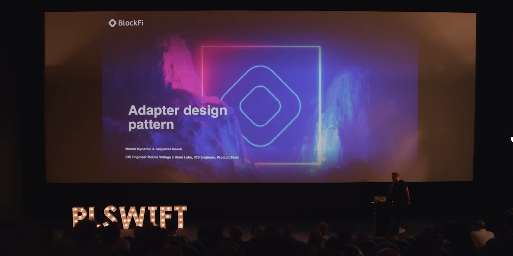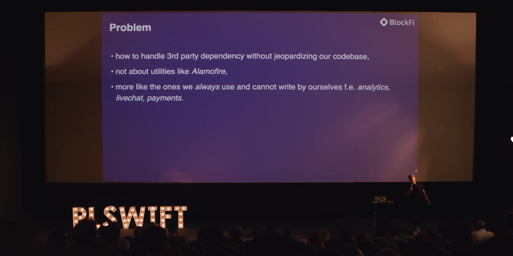So, okay, enough. Let's talk about the real problem. The real problem we have is how to use a third-party dependency without all these properties, this specific stuff which we mostly don't use, but it's required to be there, scattering all our code base.